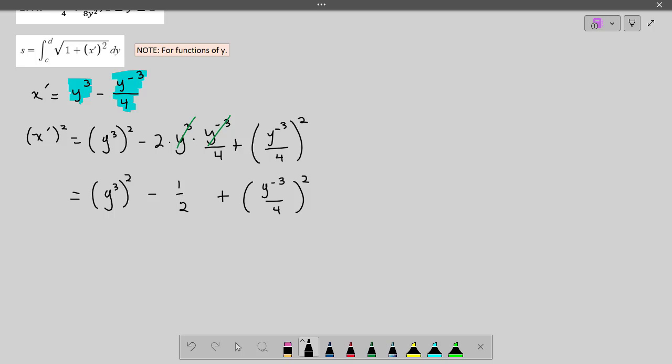Because when we add the 1 to both sides, there's only one way that you can add 1 and only change the sign of the middle term. This trinomial trick only works when the trinomials are identical except for the sign.